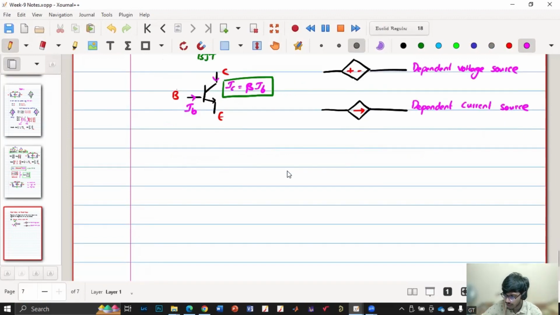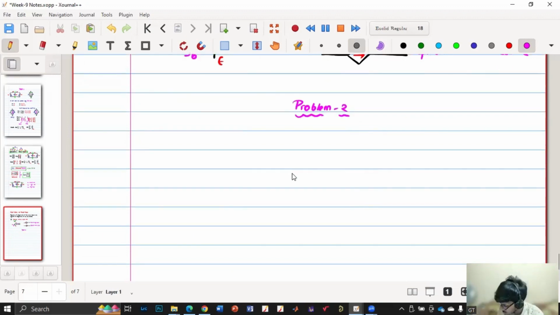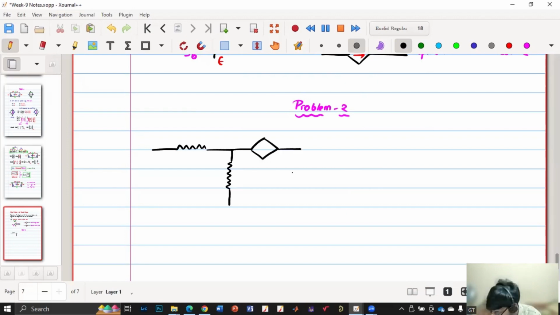Let us quickly take another problem. This is problem 2, which has a dependent voltage source. Here one resistor, here one resistor, here a dependent voltage source, here another resistor, and here an independent voltage source.